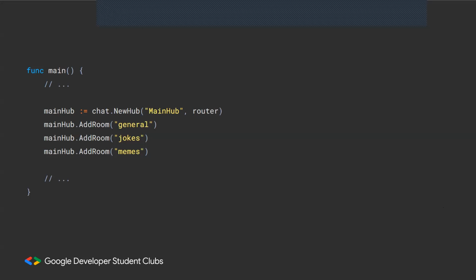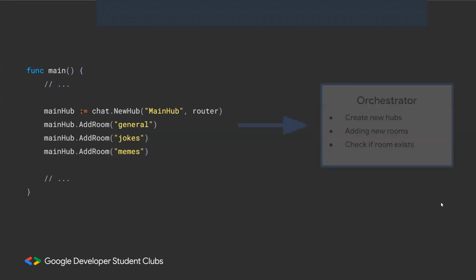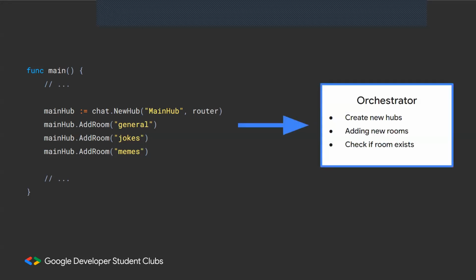We're doing that for them. We hard coded this. So I wanted to give a quick thought into how you would add a new feature, and let's call it the orchestrator. It's its own object, and it takes care of creating rooms, adding rooms, and checking if the room exists.